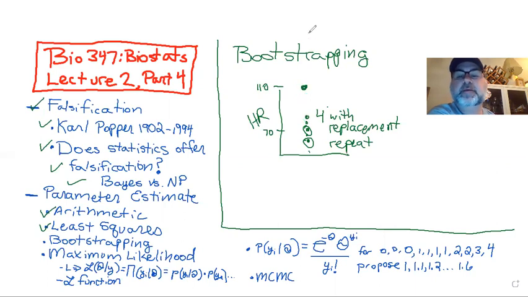Then you grab another 4 points. 1, 2, 3, 4. Doesn't have this. That means it's going to go from here to here, right? You keep doing that, and what you'll get is a distribution of means. When you take the mean of that mean, instead of, say, being this mean, it might be here.